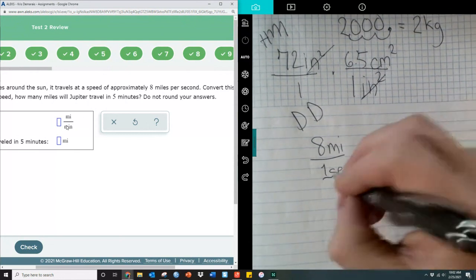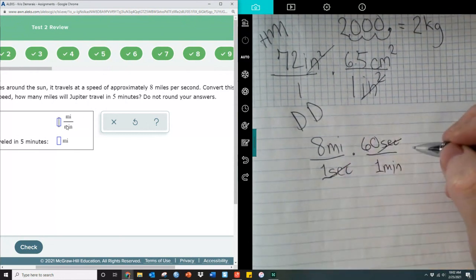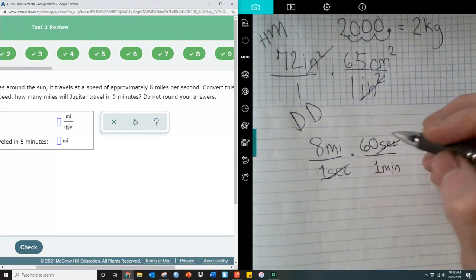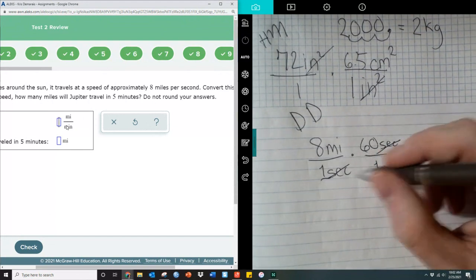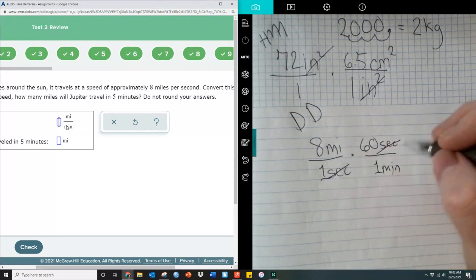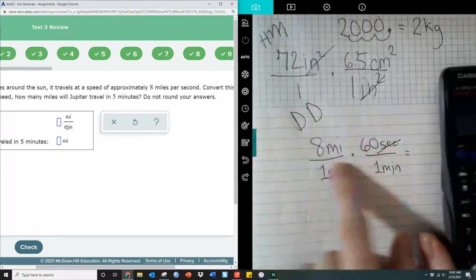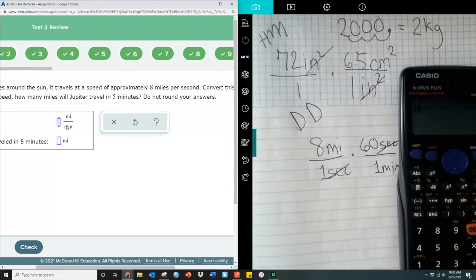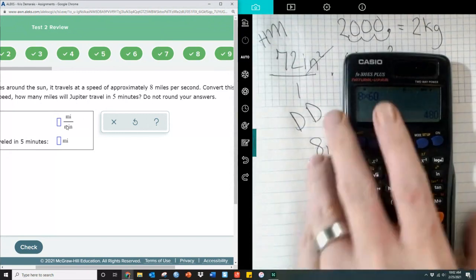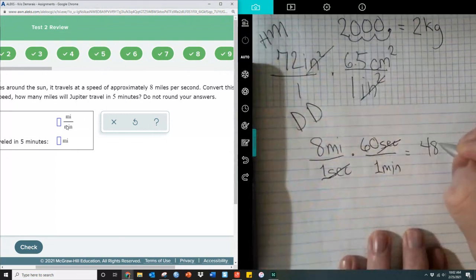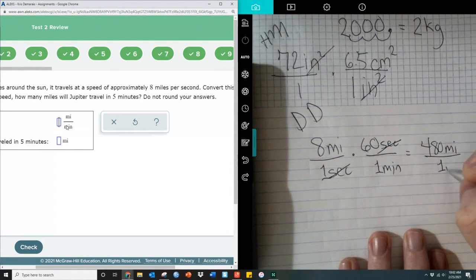It doesn't ask us to change the miles, so the miles stay the same. All we have to do is change the second into minutes, and that means we multiply because it's horizontal. So I take 8 times 60, and that's 480 miles per minute.